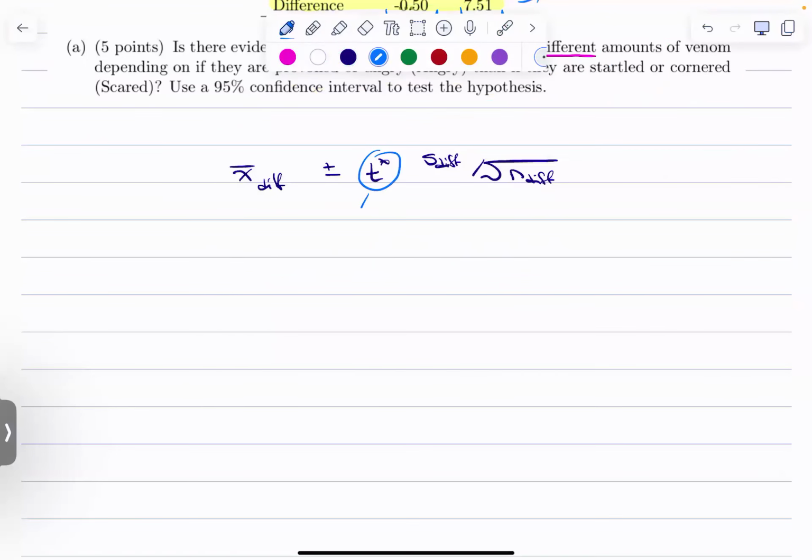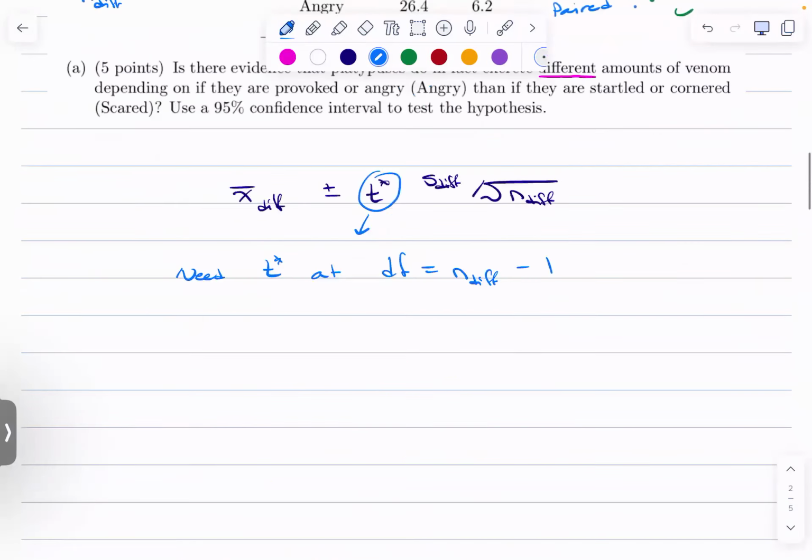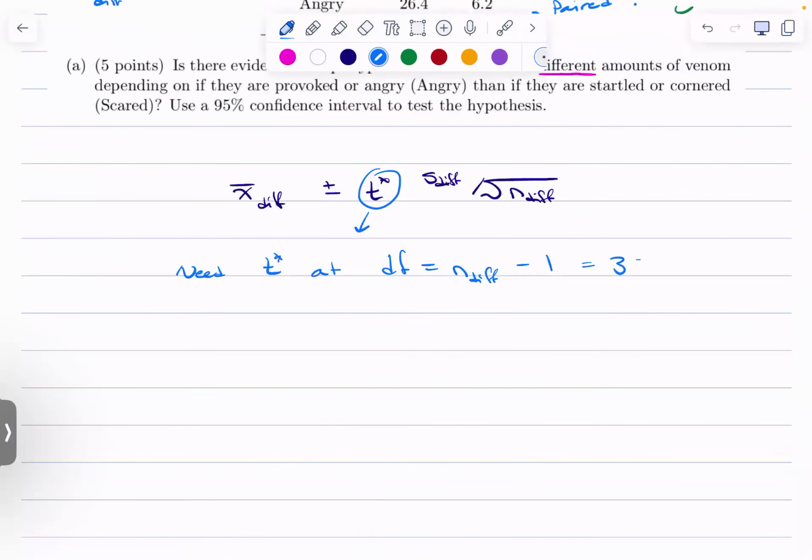So I need T star at degrees of freedom equal to N diff minus 1. Well, we had 32 platypuses, which means we would have 32 differences. So I have 32 minus 1, which equals 31.